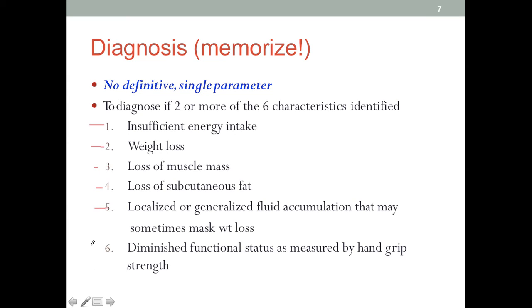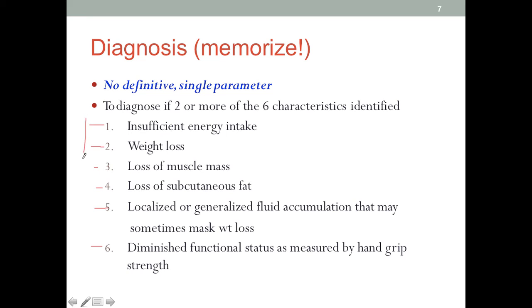If we remember, we also wanted to look at functional impairment at the molecular, physiological, and or gross motor levels. This 6th characteristic allows us to do so. Current evidence supports the use of hand grip strength to see if a person has functional impairment, as this test is not likely to be affected by other factors that happen to be present with malnutrition.